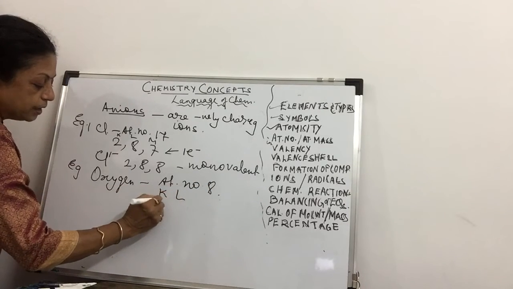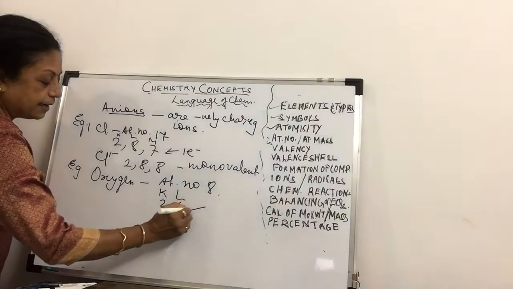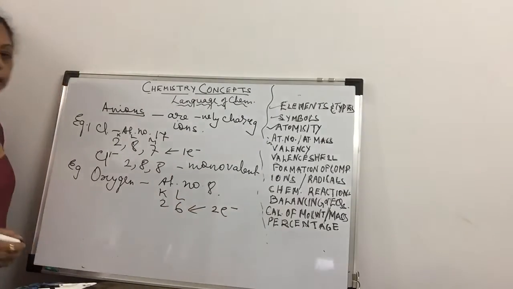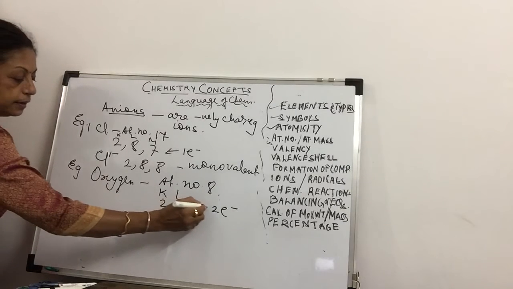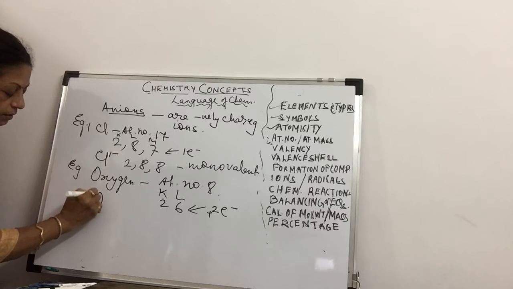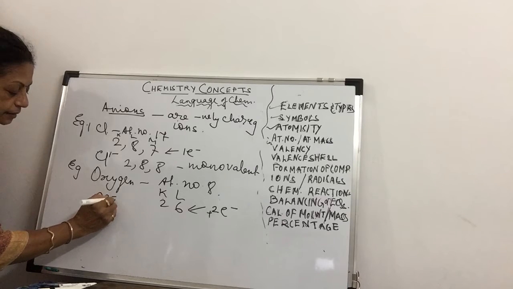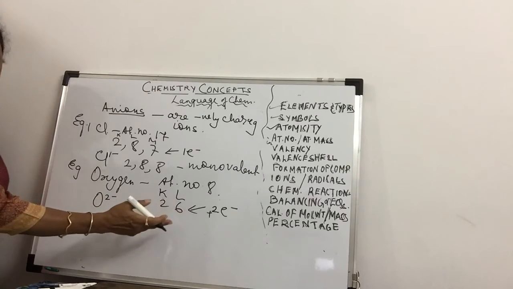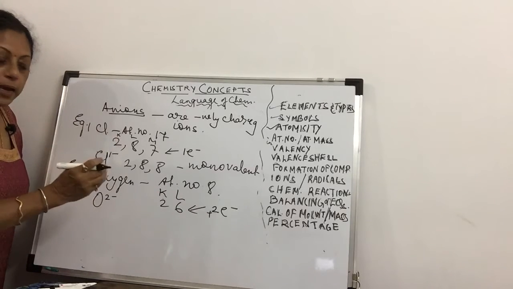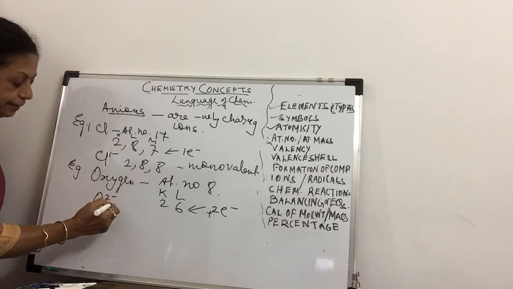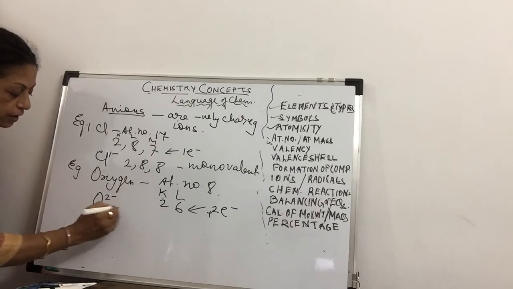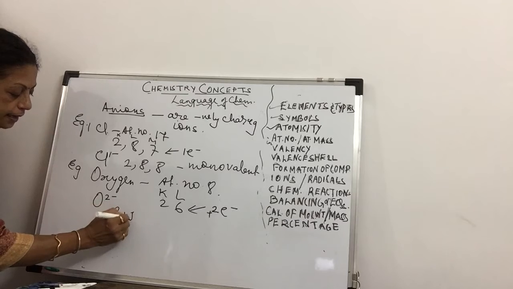K, L: 2 and 6. It can take 2 electrons, correct? Since it has taken 2 electrons from any other atom, oxygen will become 2 minus, and the electronic configuration will be 2 and 8.